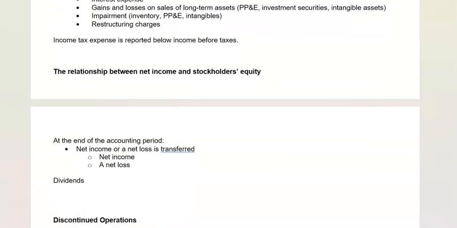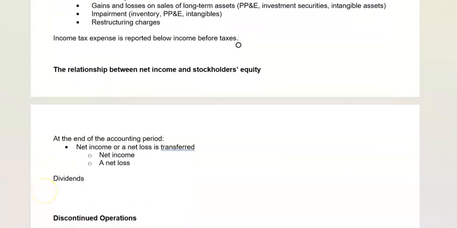Let's review the relationship between net income and stockholders' equity. Remember, at the end of the period, net income or net loss is transferred to retained earnings. Retained earnings, of course, is a component of stockholders' equity. Net income increases retained earnings and therefore increases stockholders' equity.